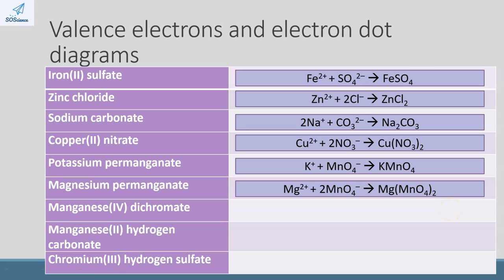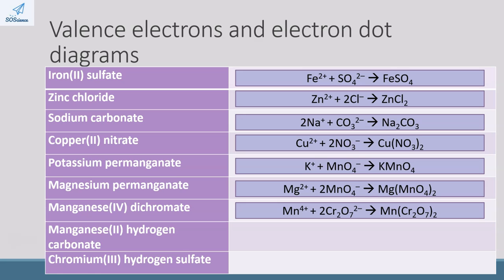Manganese IV dichromate, that is Mn4+. Now, Mn4+ wants to give away 4 electrons, and the dichromate ion is Cr2O7 2−, so it wants to gain 2 electrons.